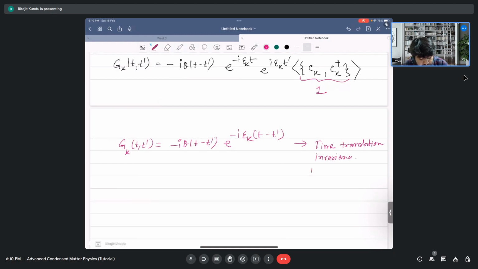So that means that if you change t to t plus some capital tau, and t prime to t prime plus capital tau, then t minus t prime goes to t minus t prime only. So we can write this Green's function as a function of t minus t prime.